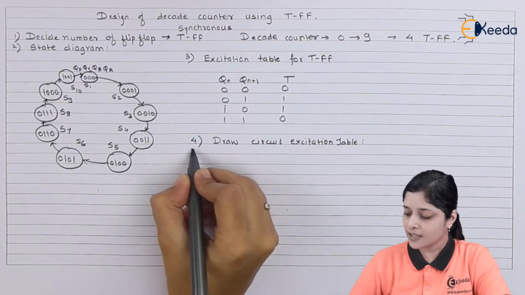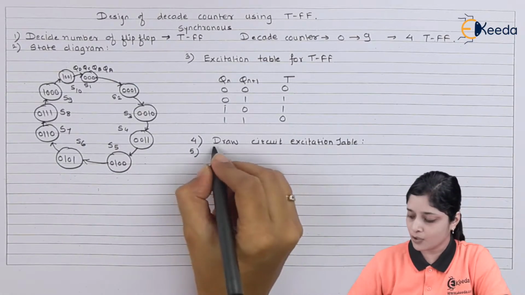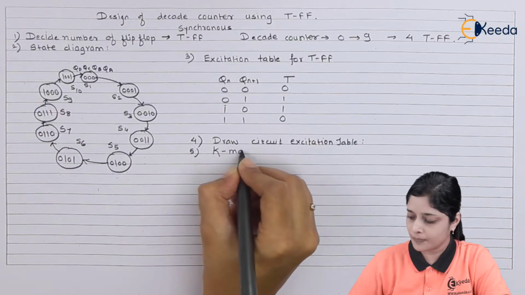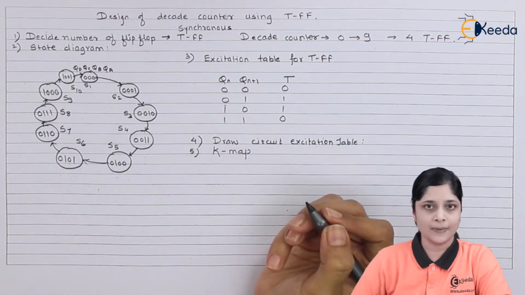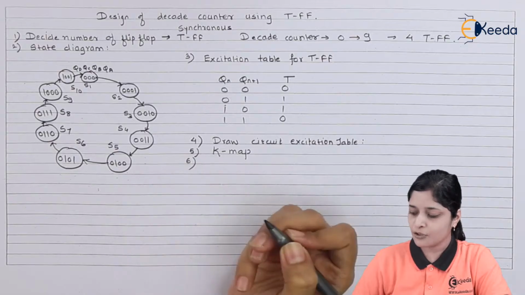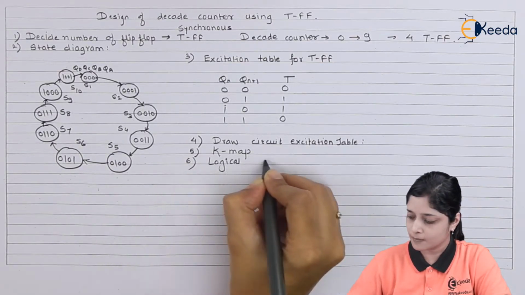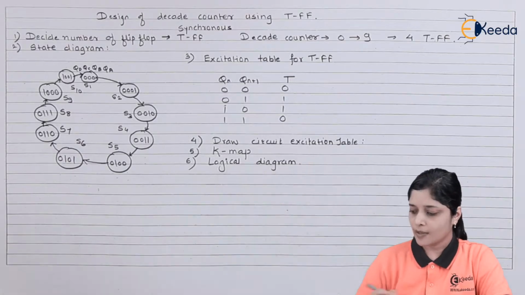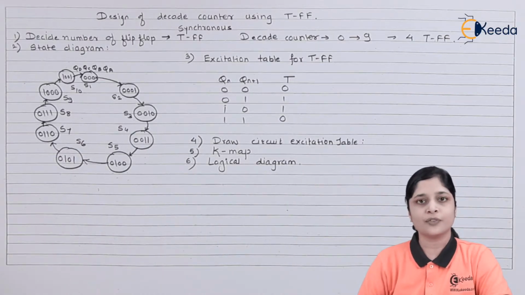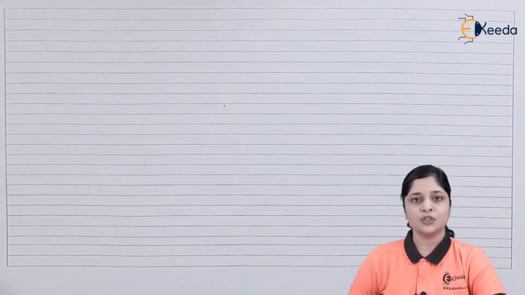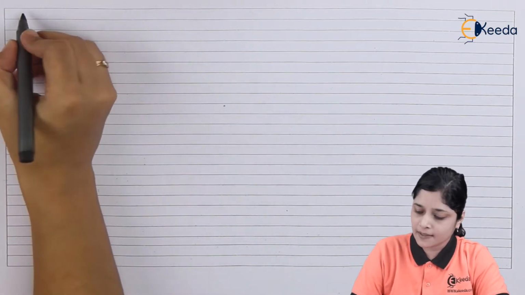After drawing the circuit excitation table, you have to draw the K-map for the table. And after drawing the K-map, you have to design the logical diagram. So let's start with the circuit excitation table.